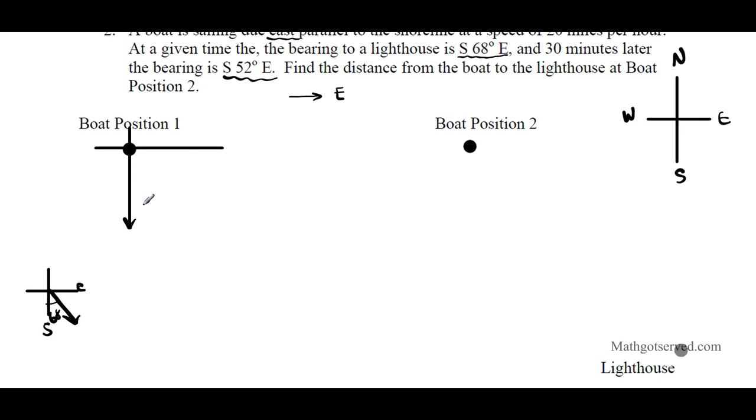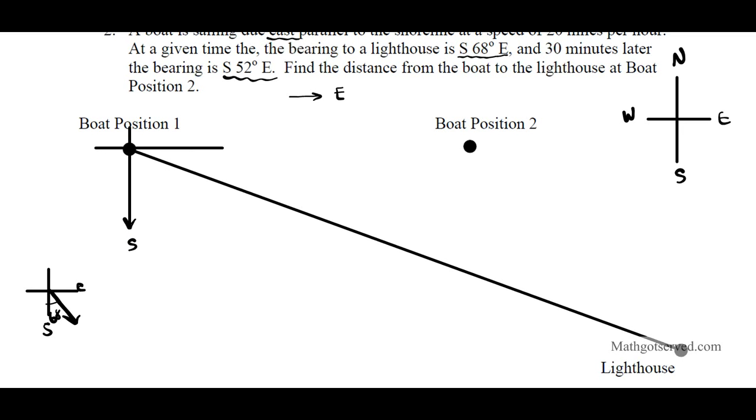What this is telling me is that if I rotate 68 degrees from the southern direction, that's going to take me right to the direction to the lighthouse. Okay, that's what this means.